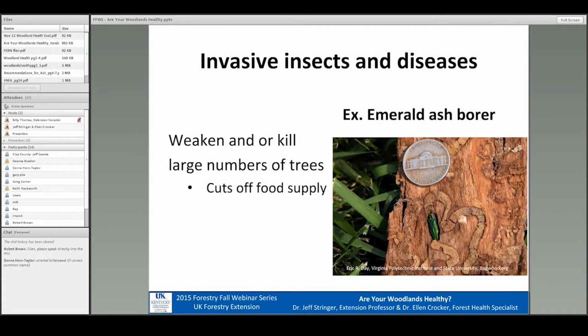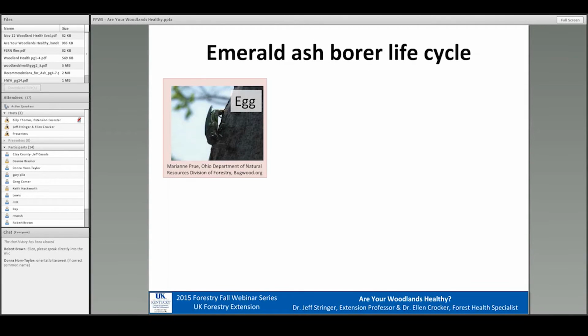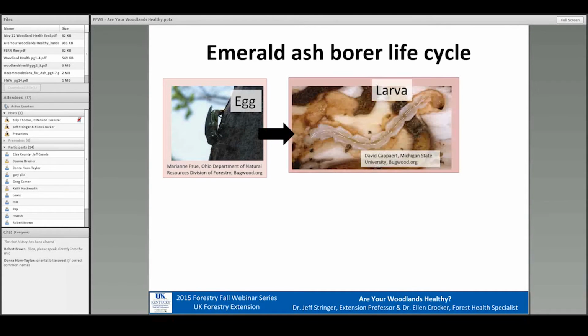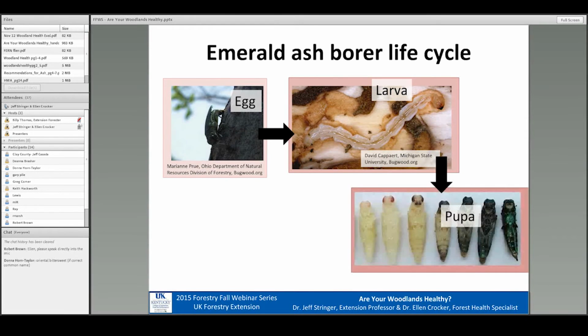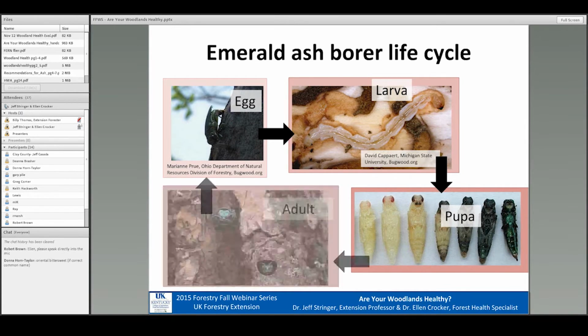And what it's doing is the adults lay eggs in the bark, and then larvae are going to grow in that inner bark area and feed off of the tree. They're going to pupate over winter and then emerge in the spring as adults and continue this cycle.